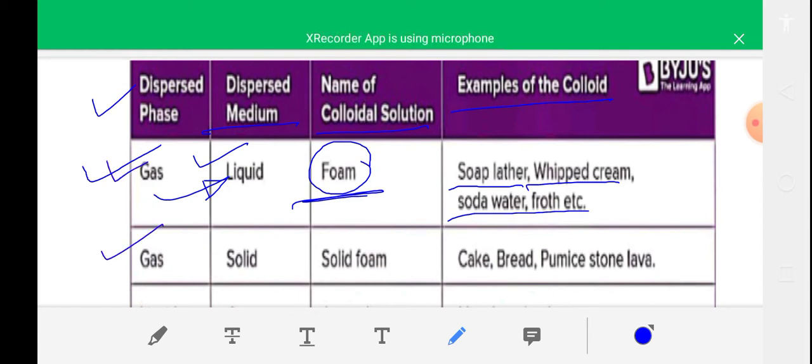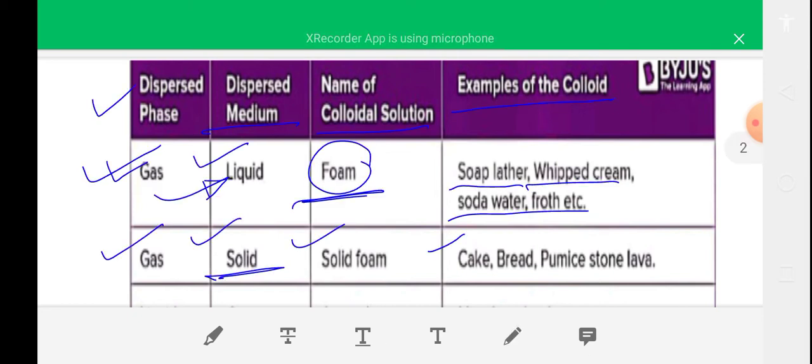When the dispersed phase is gas but the dispersion medium is solid, that is gas in solid, then the colloidal solution is known as solid foam. Examples of solid foam: cake, bread, pumice stone, lava. Okay, so gas in liquid is only foam, but gas in solid is known as solid foam.